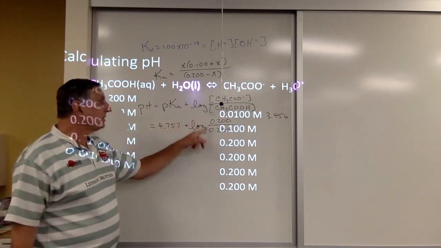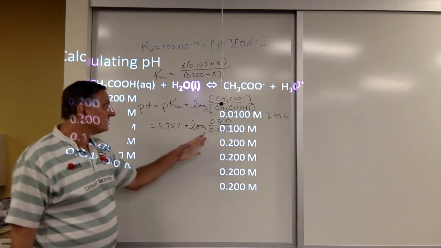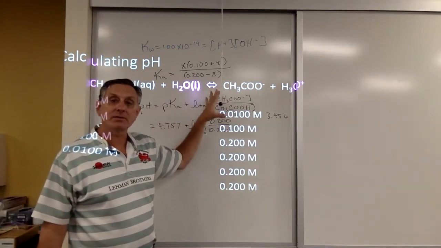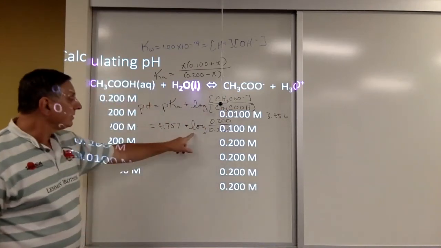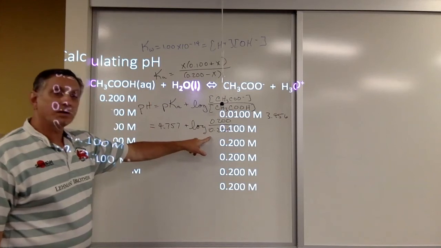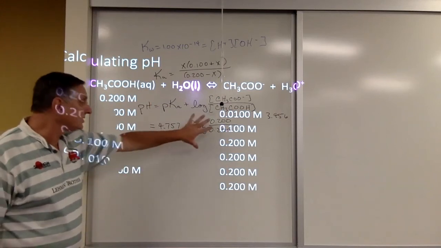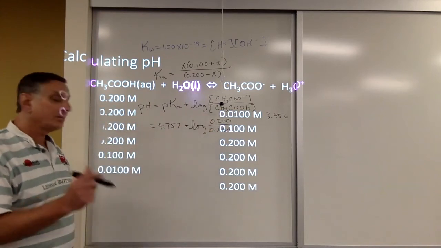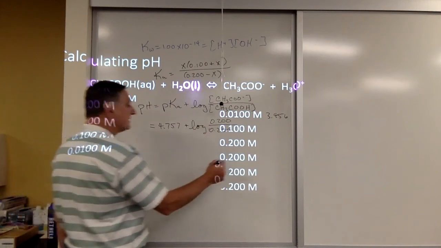When we have the same concentration of each, remember what it is we have the concentrations of? It is the weak acid and its conjugate base together in solution. When they are the same, this becomes 1. The log of 1 is 0. If the log of 1 is 0, this term goes away. pH equals pKa. So the pH here is 4.757.